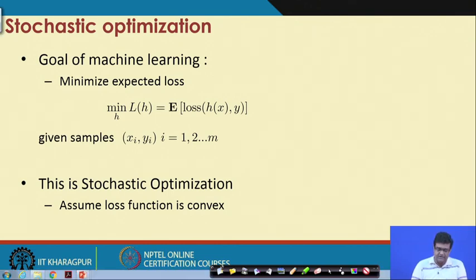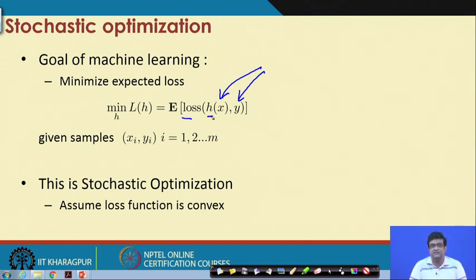Let us say your input random variables are x and y, which is the typical case in supervised learning, where y is the label and x is the input features, and you want to minimize a loss function of a hypothesis h, which is the function that you want to learn.